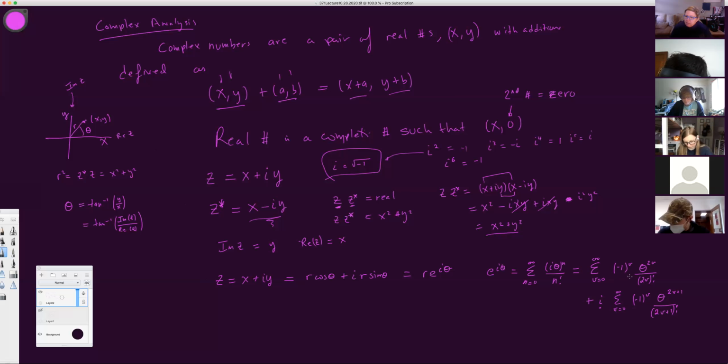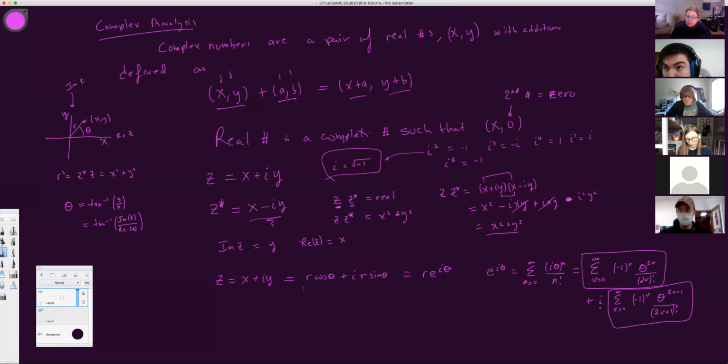Well, it turns out that if you go look up the series expansion for cosine, this is it. And if you go look up the series expansion for sine, this is it. I hope it makes sense to you that the even powers are the cosine, because cosine is an even function, and the odd powers are the sine, because sine is an odd function.